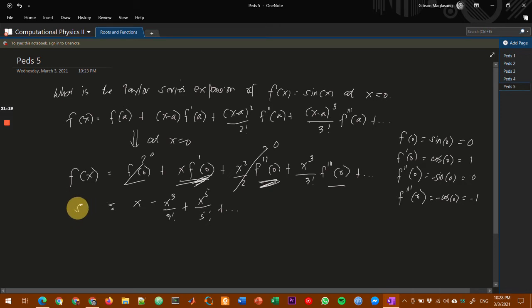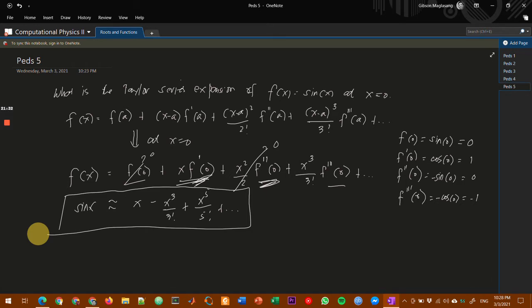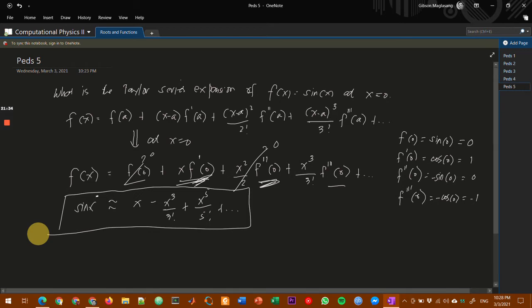Okay? We have sine x. Actually, it's an approximation. I think you have seen this before. You used this in high school to approximate sine at small angles, using this expansion of sine. It's given by this series or summation.